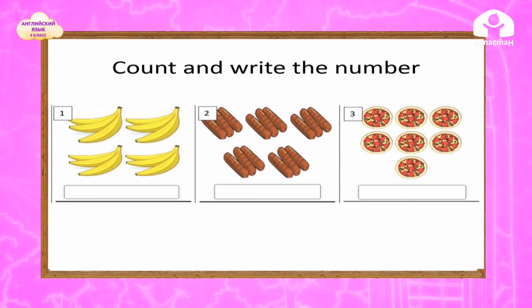Let's count. 1, 2, 3, 4, 5, 6, 7, 8, 9, 10, 11, 12, 13, 14, 15. Yes, there are 15 sausages. What about pizzas? There are 7 pizzas.